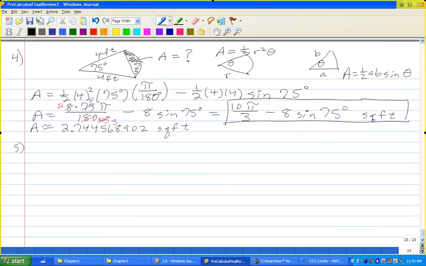So that's the approximate area of that little piece there.